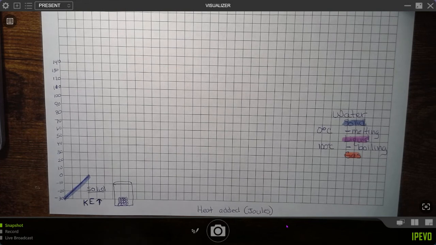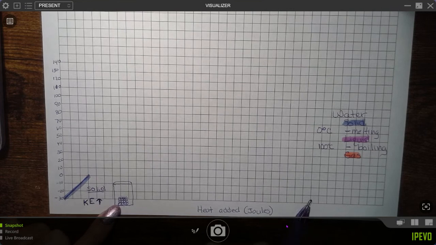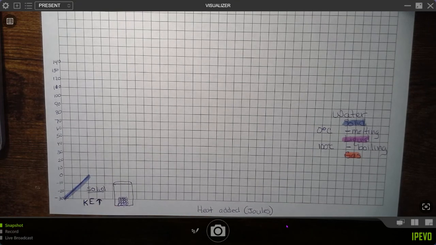With a solid, that might be hard to think about, because in the solid state the particles really don't move much. They're just vibrating, and as we go from minus 30 to 0 degrees, they start vibrating a little bit more and a little bit more.